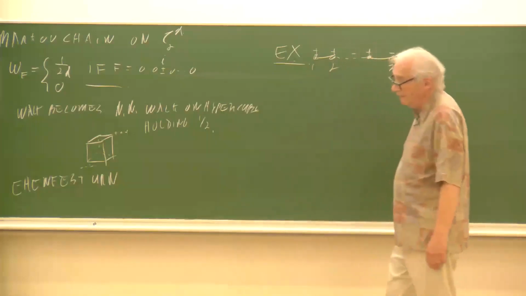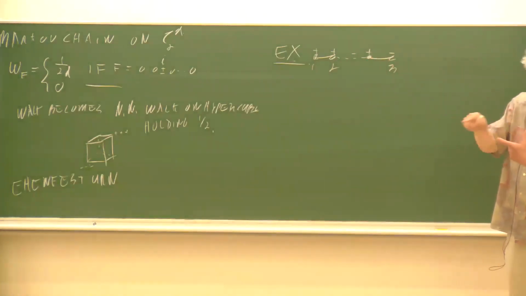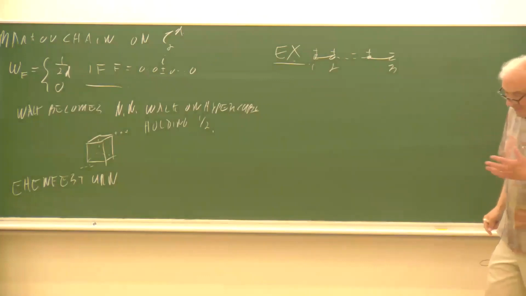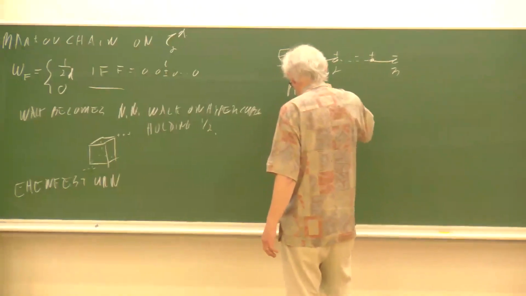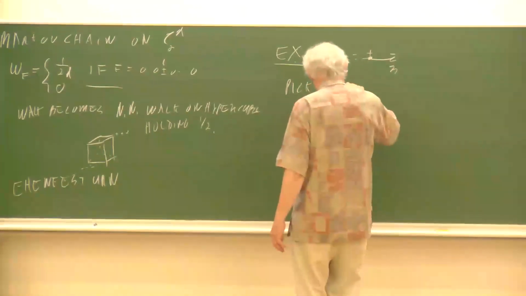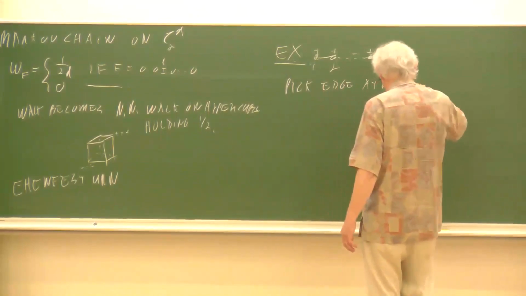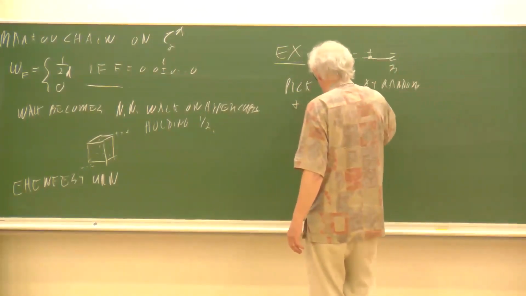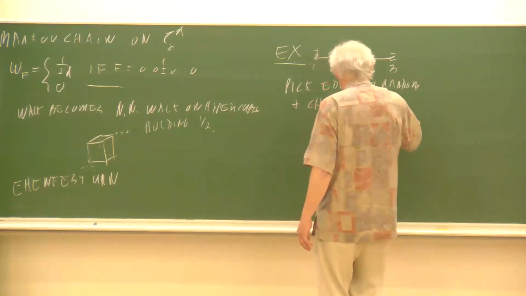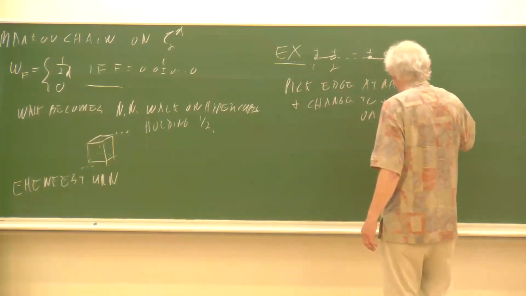So the configuration space is the set of all binary n-tuples, and the dynamics are: pick an edge at random, and change it to plus plus or minus minus with probability 1/2.